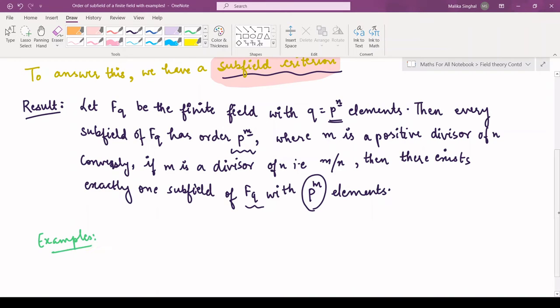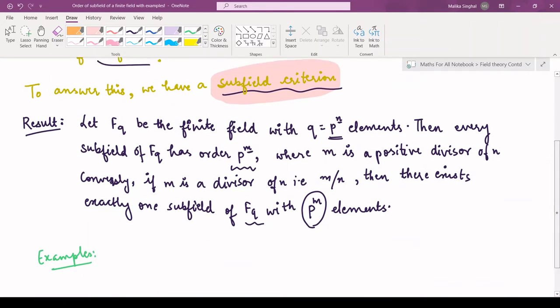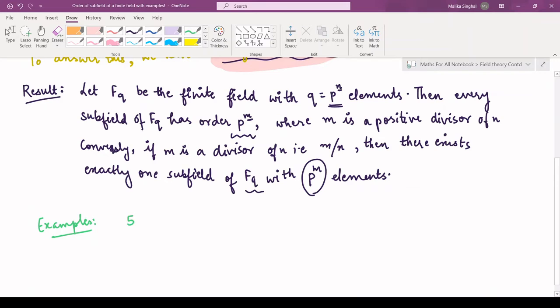So let us see the one with which we have started. We had a field with 5 to the power 12 elements in it. So the number of elements in its subfield, what is it? You are to look for those values of m which divide 12.